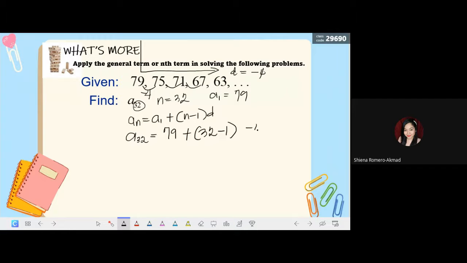Okay, so negative 4 times negative 4. So we have 79 plus 31 times negative 4. So multiply natin. What is 31 times negative 4?